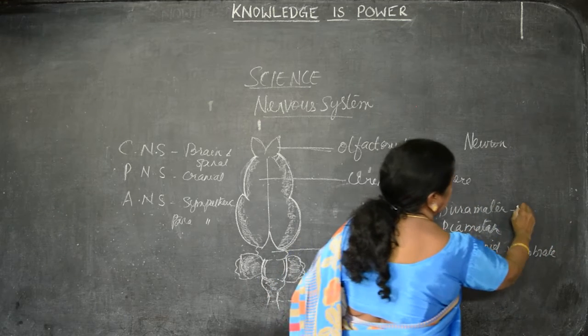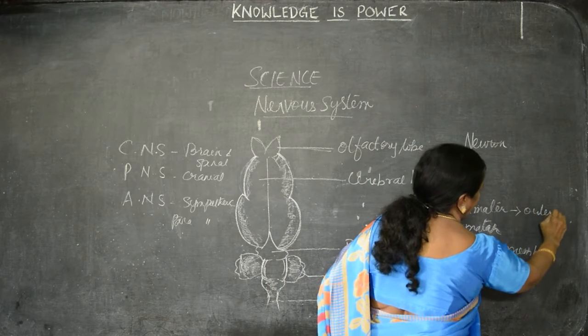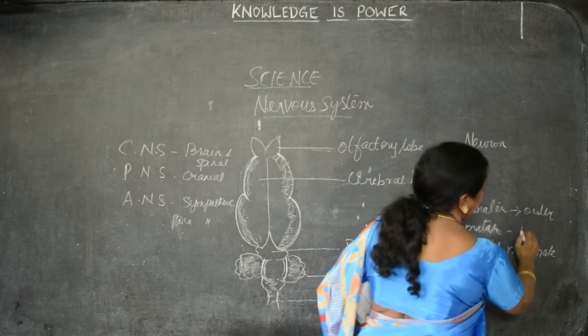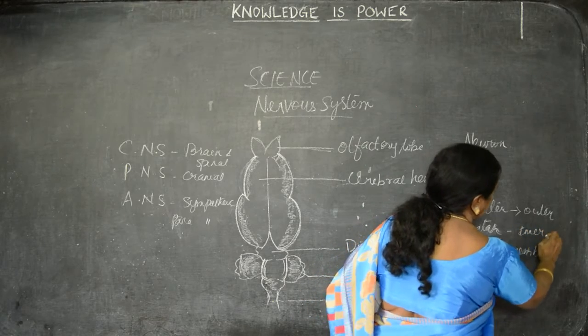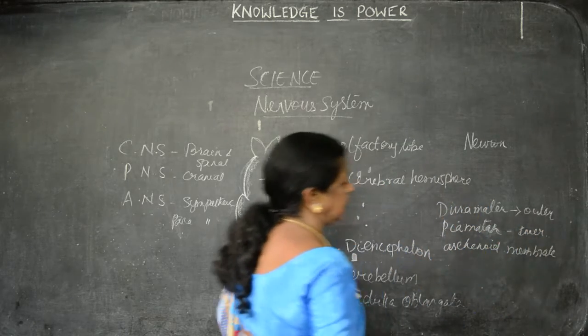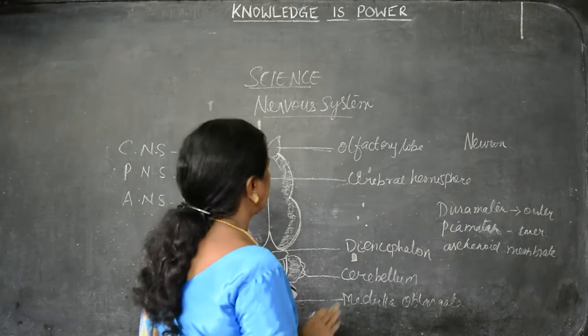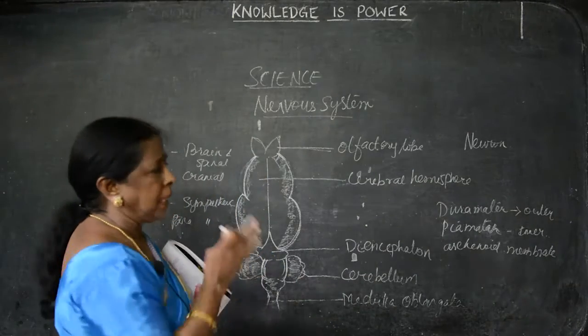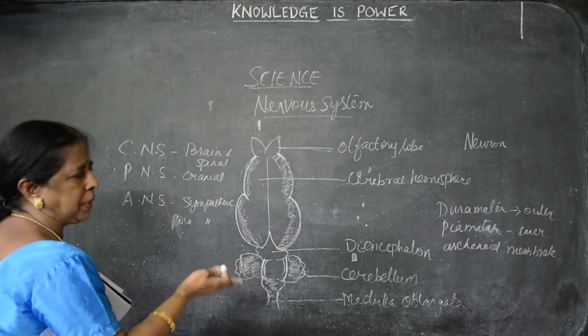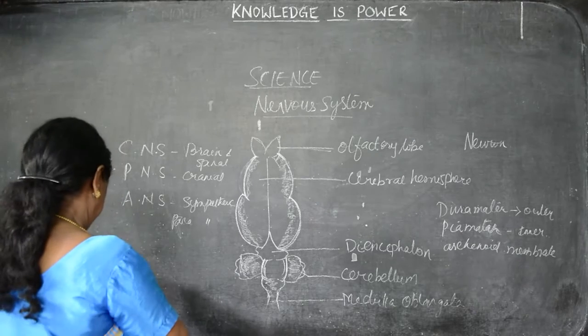Dura mater, it is the outer cover of the brain. Pia mater, inner cover of the brain. In between dura mater and pia mater, arachnoid membrane will be. So totally the brain is supported by three membranes, dura mater, pia mater and arachnoid membrane.